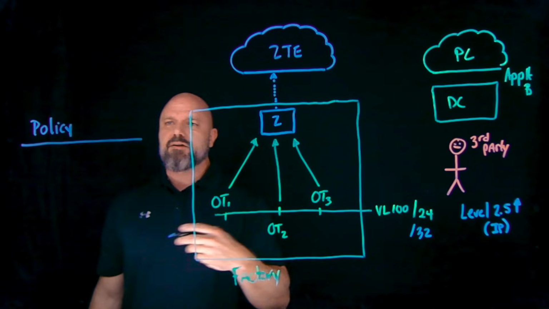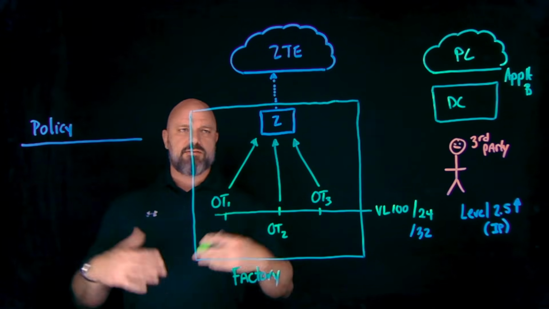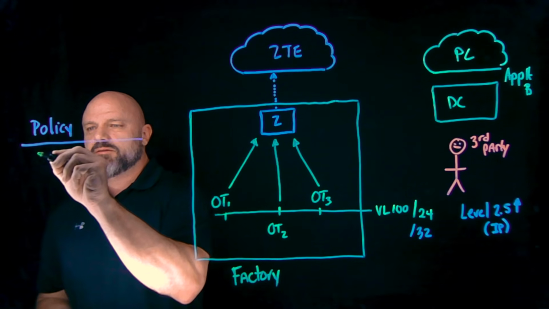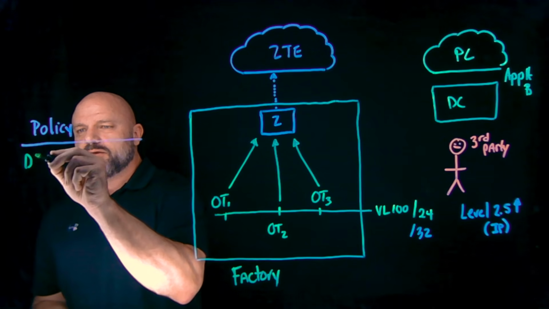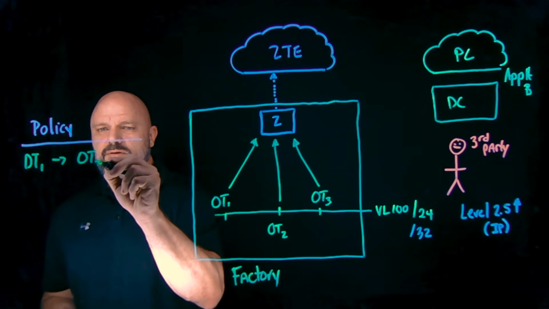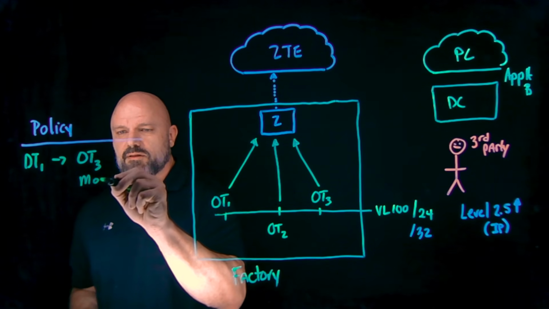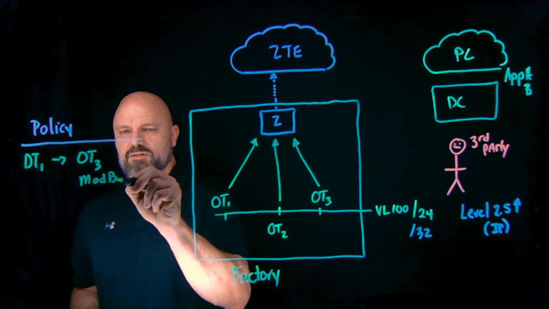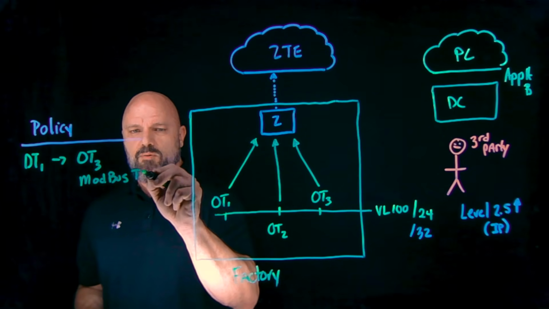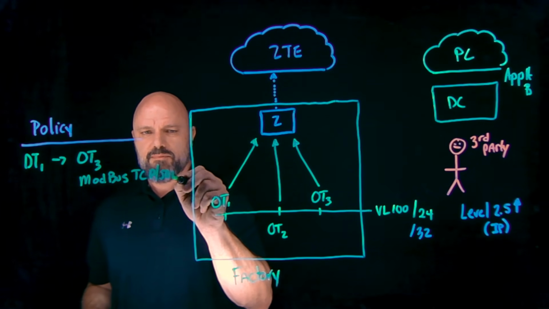Now, there's often a lot of different things going on, but we'll be able to determine, based off the traffic patterns that we're observing and the protocols that we know, that maybe OT device number 1 can talk to OT device number 3. It can do so over Modbus, which is TCP port 502.